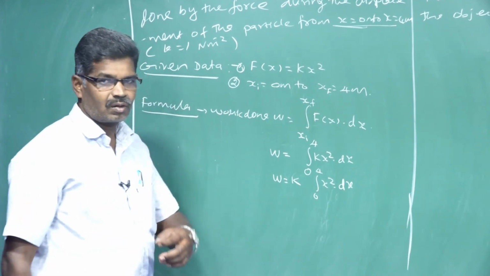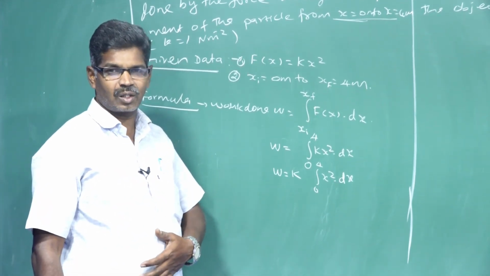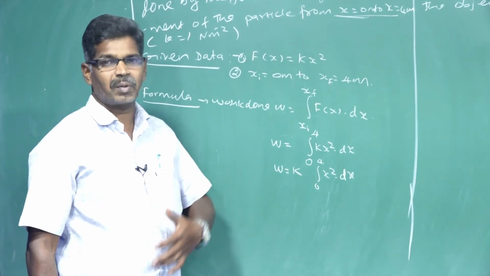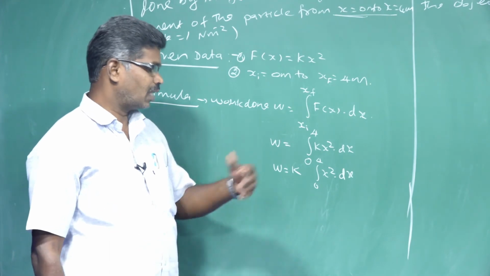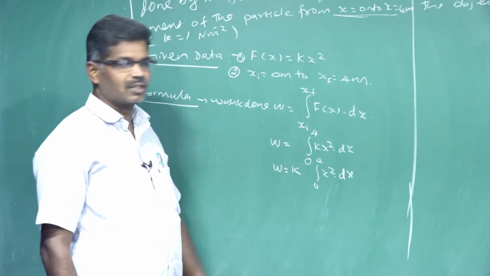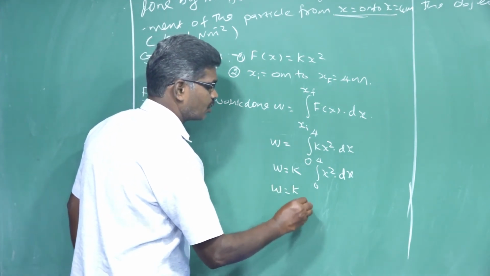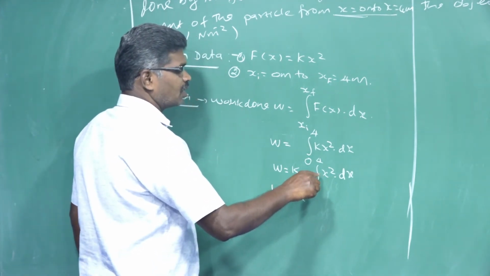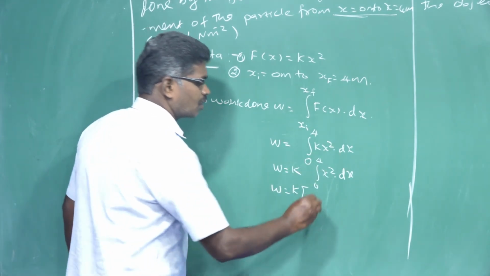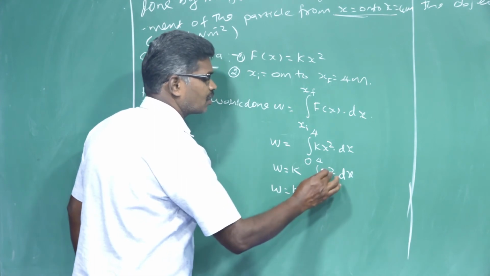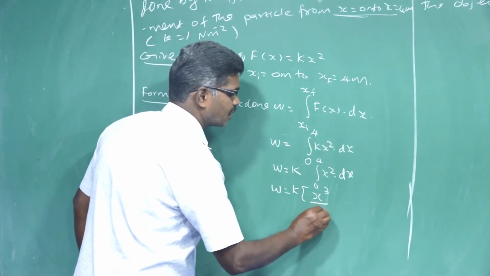We have a mathematical formula: integral x to the power n dx is equal to x to the power n plus 1 divided by n plus 1. Like that, our expression also. That's why W is equal to k into, x to the power n, n can be taken as 2. So x to the power 2 plus 1, that is 3, divided by 3.